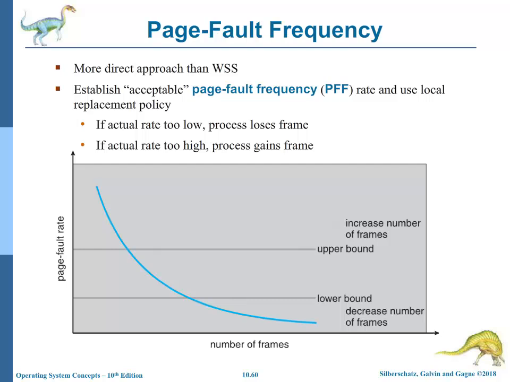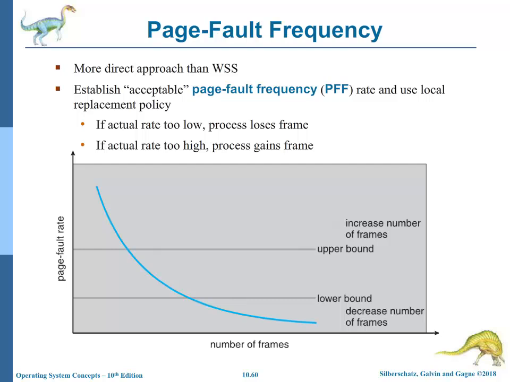If the PFF of a process exceeds the upper bound, give the process more frames until the PFF goes below the upper bound. If the PFF of a process falls below the lower bound, then take frames away from the process until the PFF is above the lower bound.